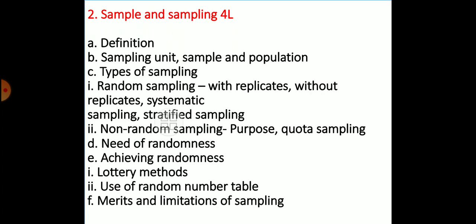Then what is the need of all this sampling? Are there other methods of sampling or not? Each and every thing we have to learn under the second unit from computational botany, sixth paper. And this second unit, sample and sampling, carries 4 lectures.